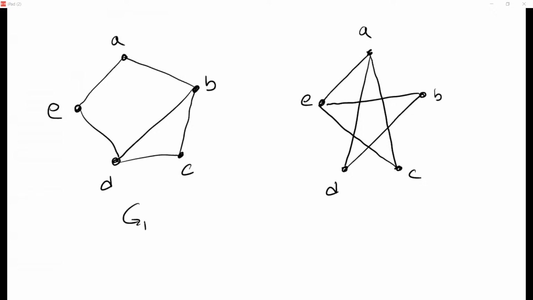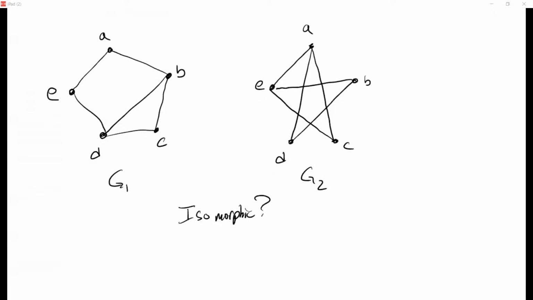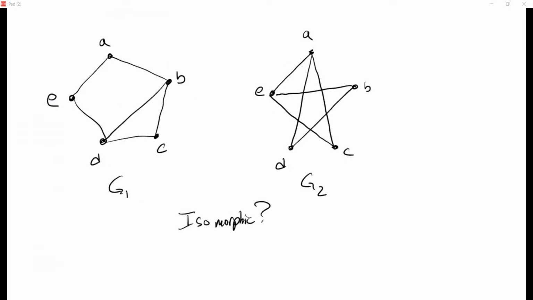So your job, if you want to show that these are isomorphic, question mark, is to figure out a function. So maybe I could do it this way. Here, I'll just make my function here.